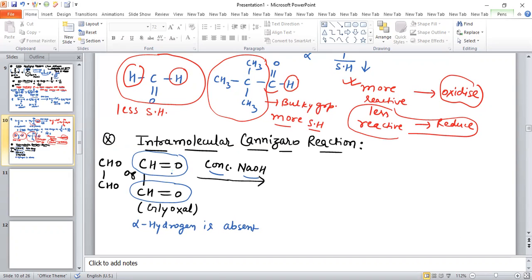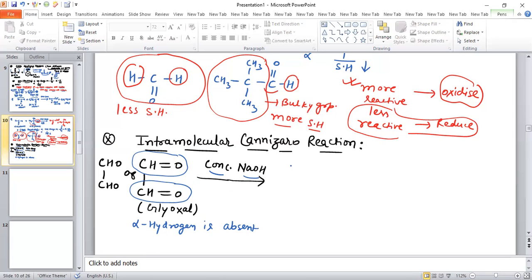Because both are the same, any one of them will oxidize into the salt of carboxylic acid and the other will be reduced into alcohol.